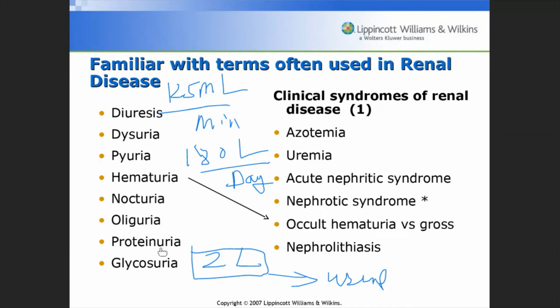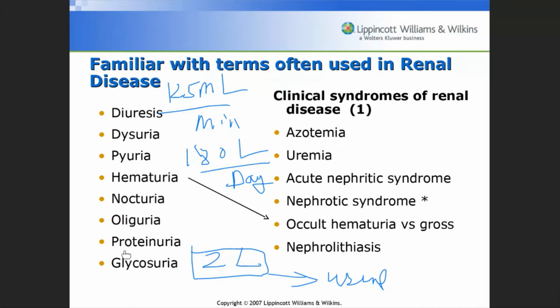Proteinuria is very common in terms of nephrotic syndrome. So if you see a lot of protein, you will see proteins in the urine. That's definitely due to the damage of the filtration membrane.